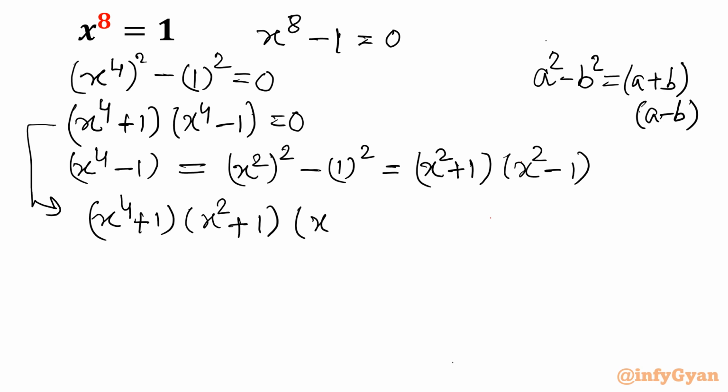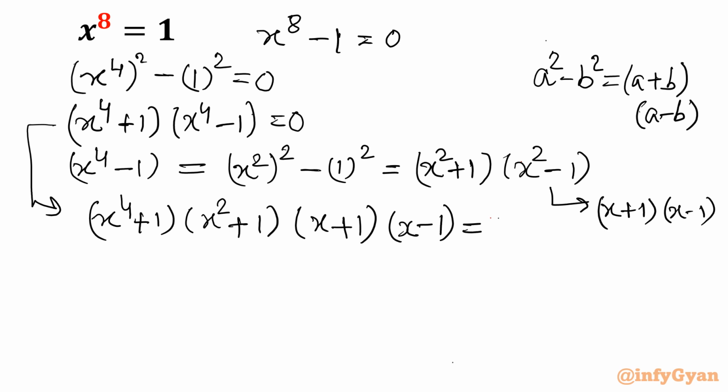Again I will write x square minus 1 as x plus 1, x minus 1. So this will be x plus 1, x minus 1 equal to 0. Now let us consider x square plus 1 now.